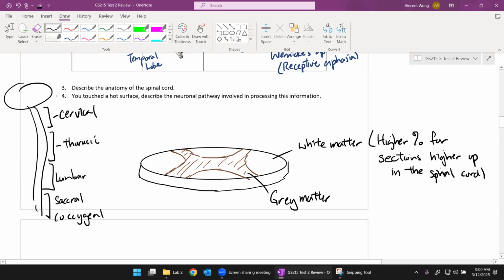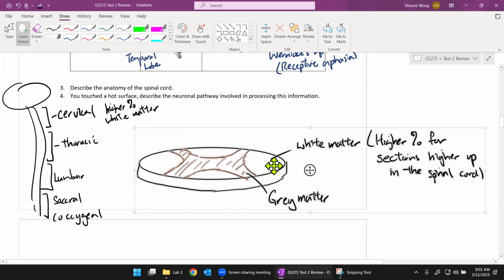So the higher up you are, you're going to have a higher percent of white matter. We should say higher, not necessarily more. It is more, but it's also a higher percentage, right?